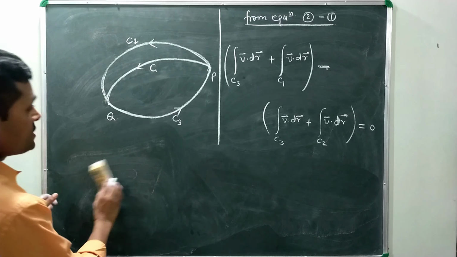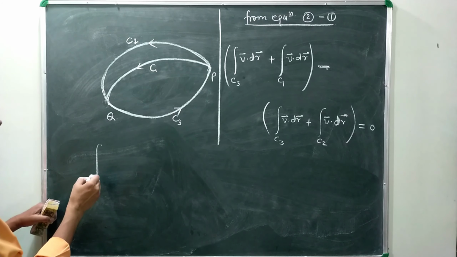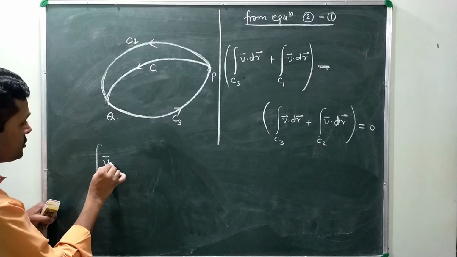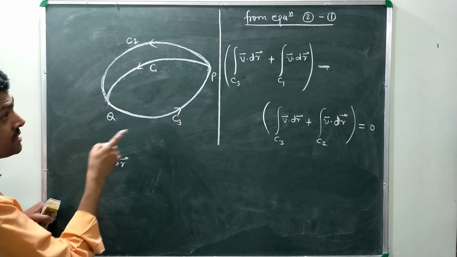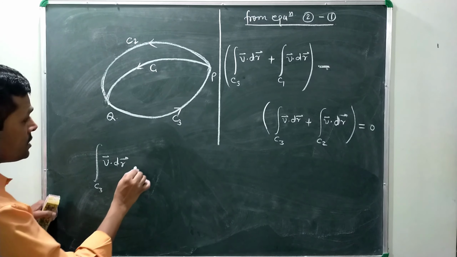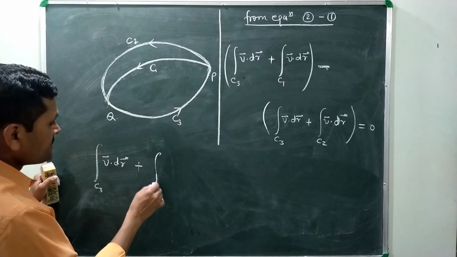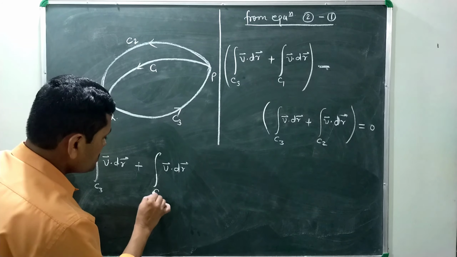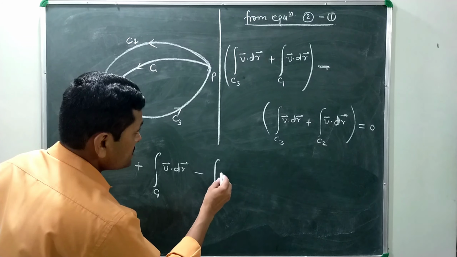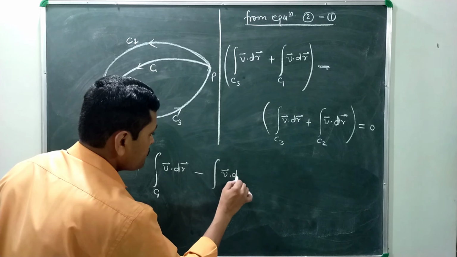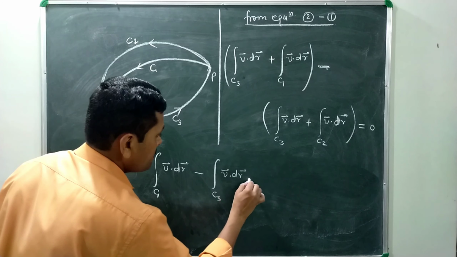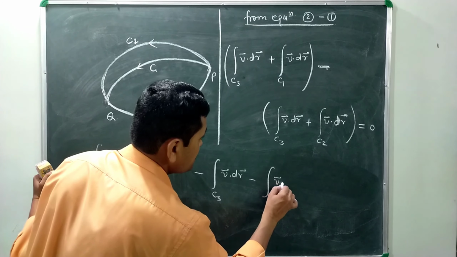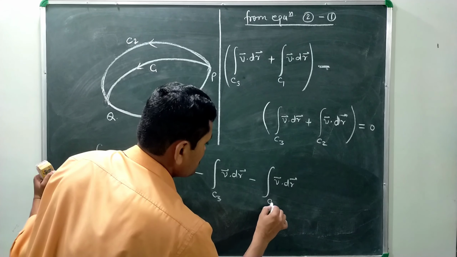This may be written as line integral of vector v dot dr, line integral of vector v along C3 plus line integral of vector v along C1 minus line integral of vector v along C3 minus line integral of vector v along C2.